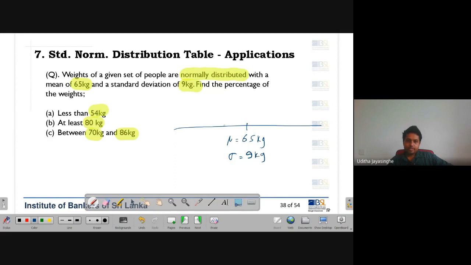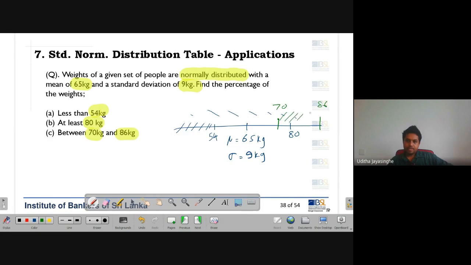We want the probability less than 54. At least 80. Something like this. And in between 70 and 86.